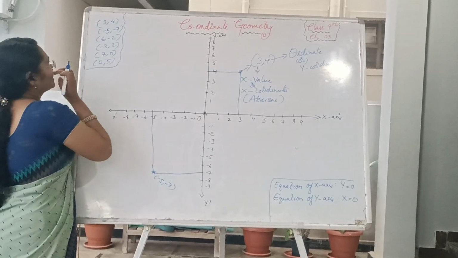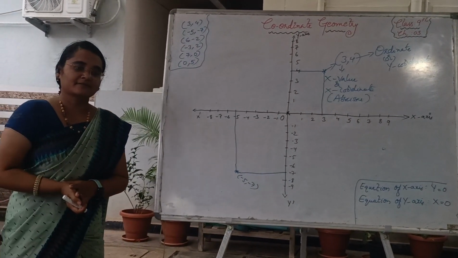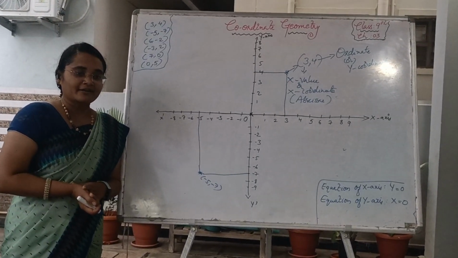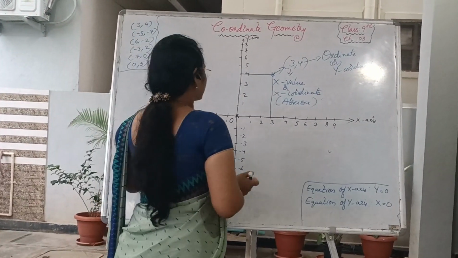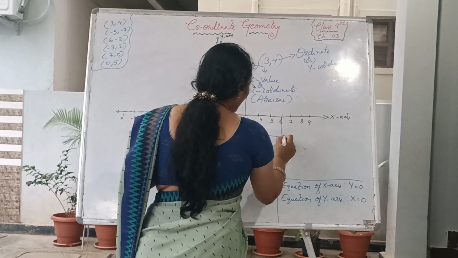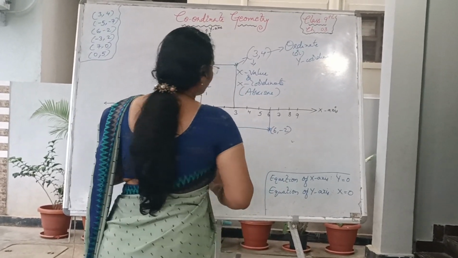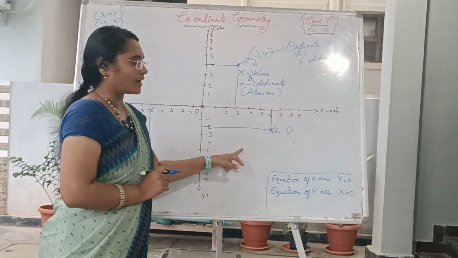Now (6, -2). Which quadrant is it located in? Quadrant 4. Very good. So 6 on the x-axis, -2 on the y-axis. This is the point located in the fourth quadrant.